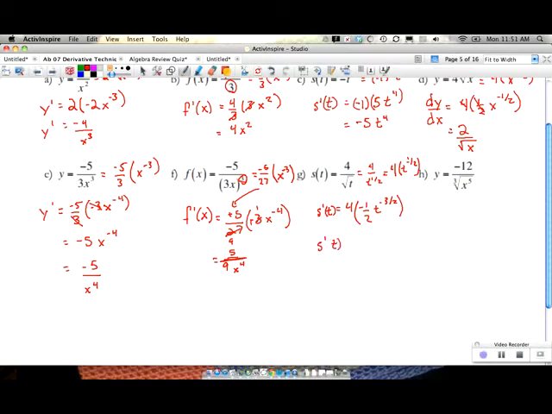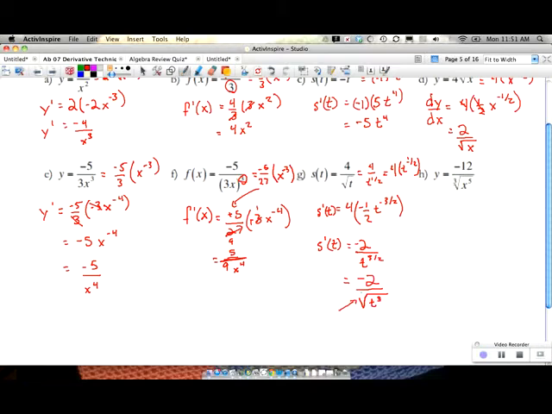So then s prime of t, if I were to simplify this, it's going to be 4 times negative 1/2, which is negative 2. T to the negative 3/2 means it's going to be in the denominator, but positive. Now I can rewrite that with a radical if I really wanted to. Negative 2 over the square root, the denominator means it's the second root or square root, t cubed.